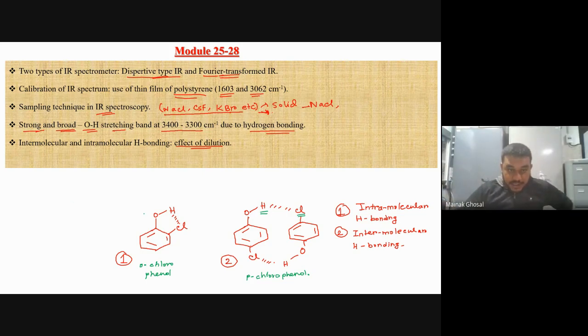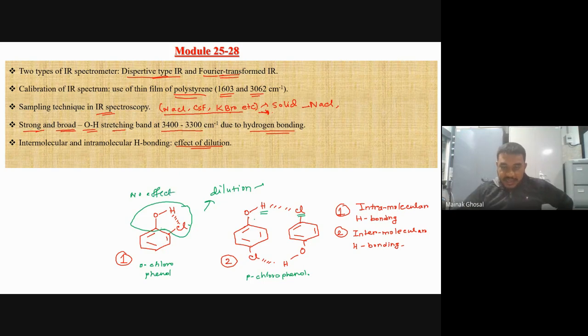So if you just do dilution, very simple thing. What will happen? This hydrogen bonding, which is within a molecule, even if you take only one molecule of it, it will show hydrogen bonding, right? So dilution will have no effect.